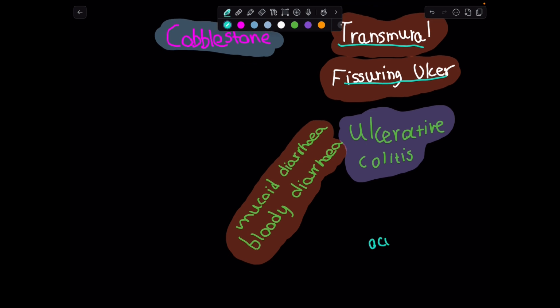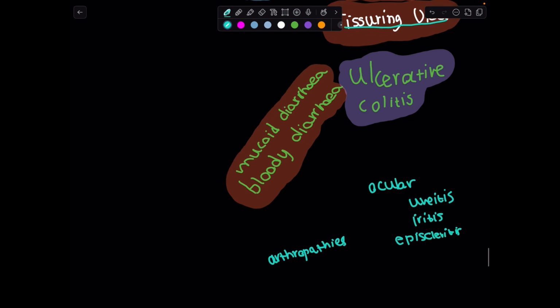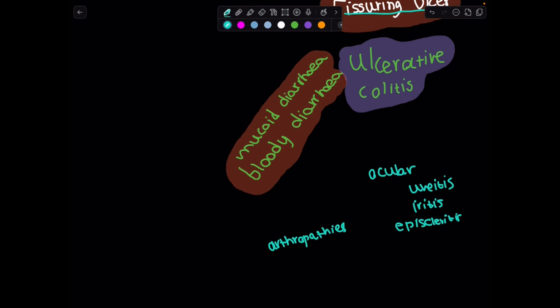Extraintestinal manifestations, EIMs, of inflammatory bowel diseases, Crohn's disease and ulcerative colitis, affect areas outside the gut. Common ones include joints: peripheral arthritis, pain and swelling in knees and ankles, tied to gut inflammation, and axial arthropathy, spine and sacroiliac joints, like ankylosing spondylitis. Eyes: uveitis, eye inflammation causing pain, redness, vision issues, and episcleritis, milder eye redness.